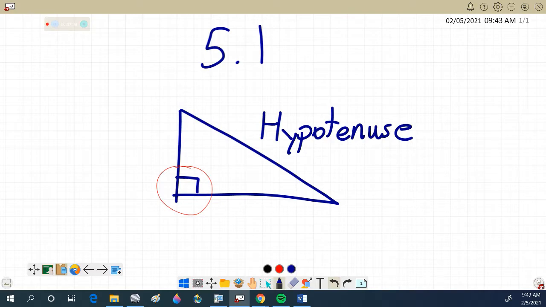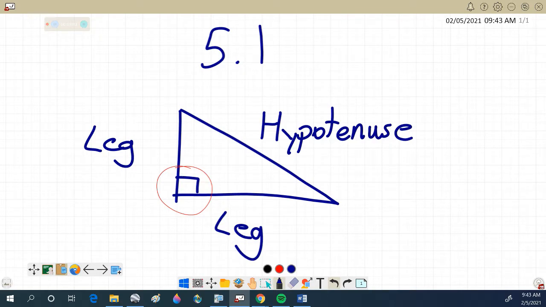The other two sides of a right triangle are called legs. Because there are two legs in every right triangle, we have to be more specific in how we label them. So we pick an angle.